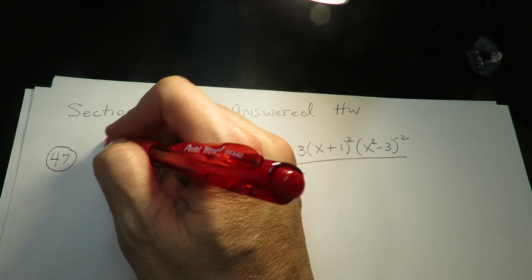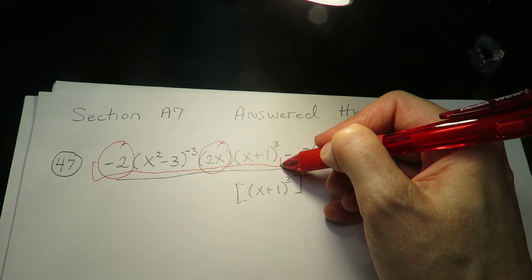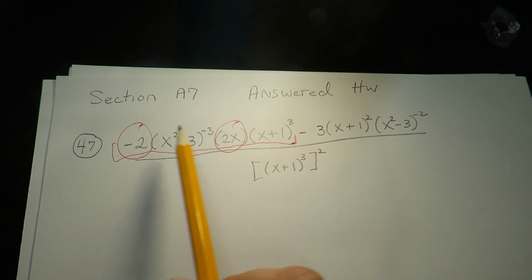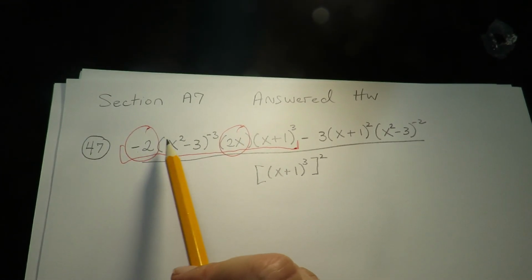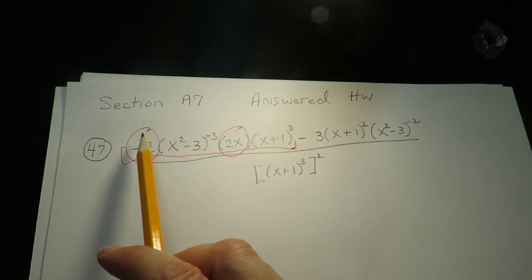So I noticed this little guy out front and this guy. Now this is one term here. So I'm going to multiply the -2 times the 2x, because it's just a string of multiplication. Some of it I can squish together, some of it I can't.